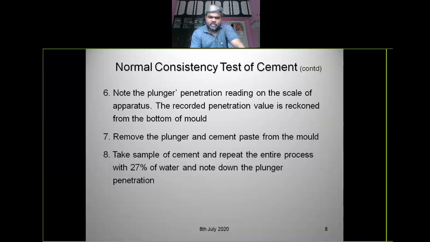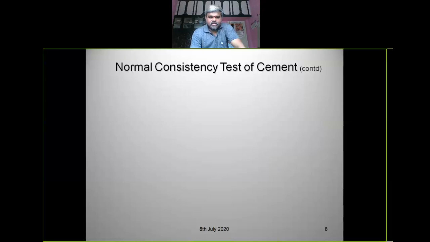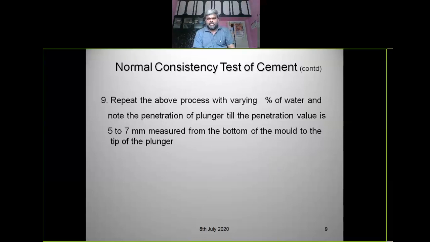Take a fresh sample of cement. Repeat the entire process with 27% of water, which means an increase of 2% of water from the initial percentage. Again do the same and note down the penetration. Repeat the above process, varying the percentage of water added to the cement paste, and note the penetration of the plunger until the penetration value is 5 to 7 mm, measured from the bottom of the mold to the tip of the plunger.